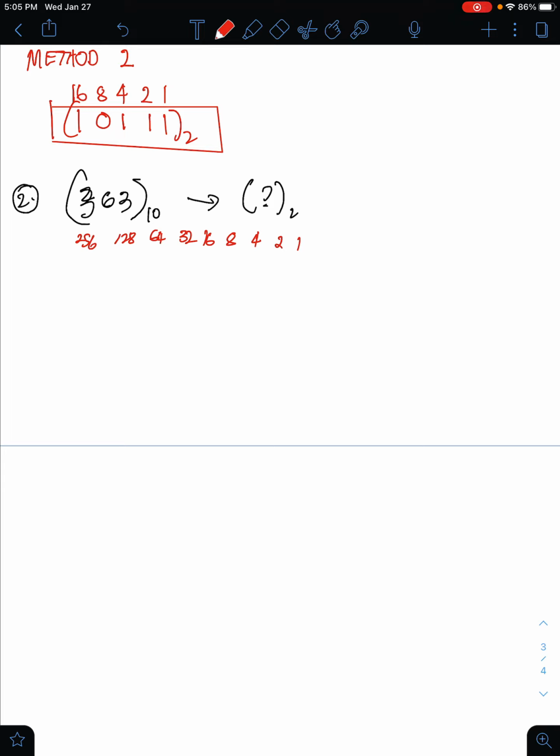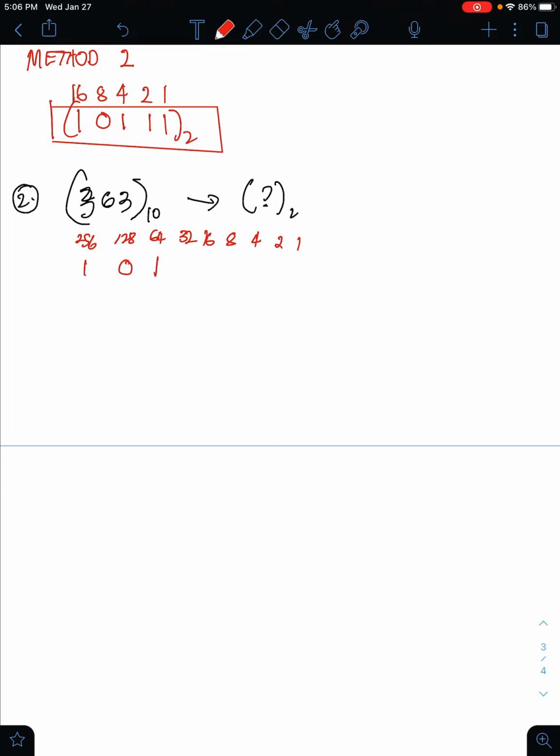We can't use 512. So you will be turning on 256. 363 minus 256 leaves 107. Since 107 is less than 128, you will be turning 128 off. Then we turn on 64.